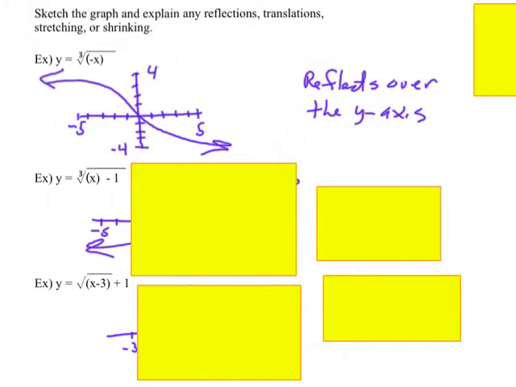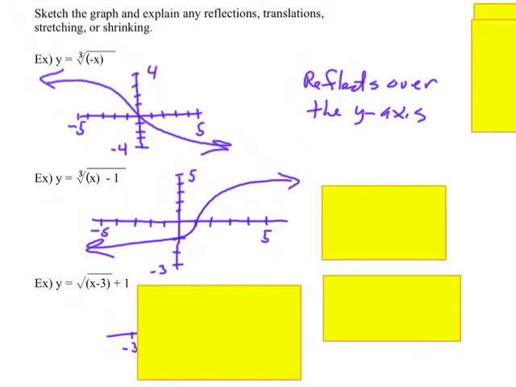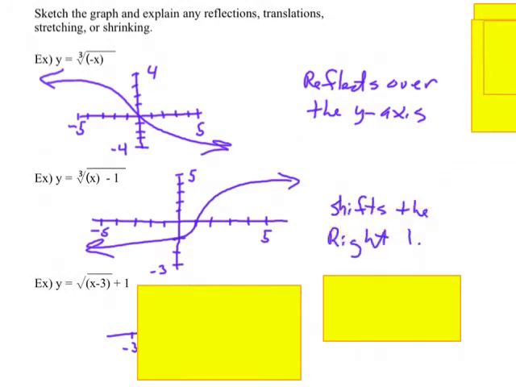Now, how is it going to shift it right and left? Well, remember, it's the opposite of what you suppose. So that means you see a minus 1, so it's going to shift it to a positive 1. All right, so here's how you're going to say it. It shifts it right 1 unit.